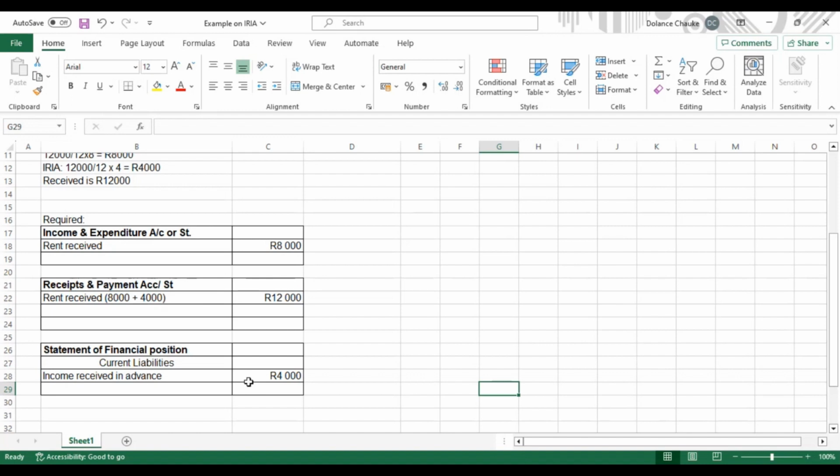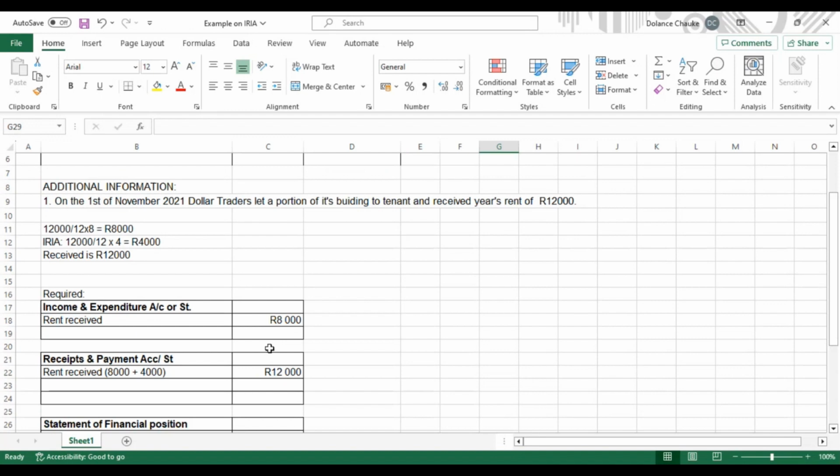Therefore, we are owing those people the remaining 4 months. That money can be our asset, but in the meantime it's a liability because we owe those people 4 months of staying or renting with us. You understand? So that is why it is a liability. I hope I tried to explain it better.